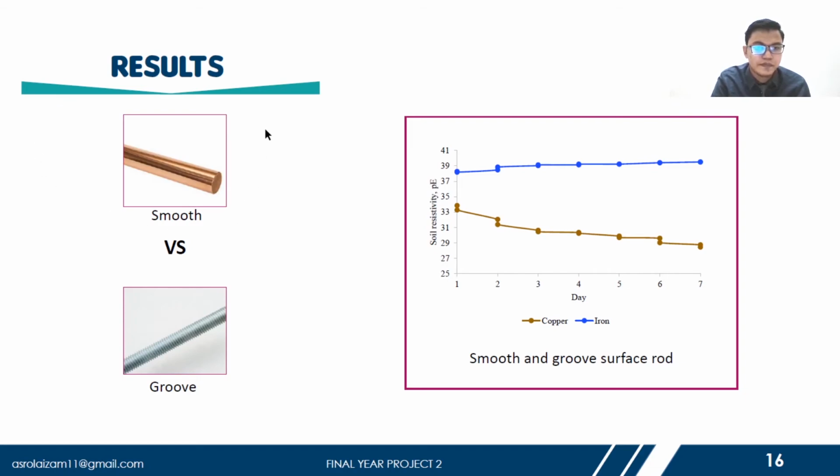The last comparison is between the smooth and the groove surface of the road. You can see that the types of road that we use have different surfaces. For this comparison, we can conclude that the smooth surface with the copper material is better than the groove surface with the iron material.